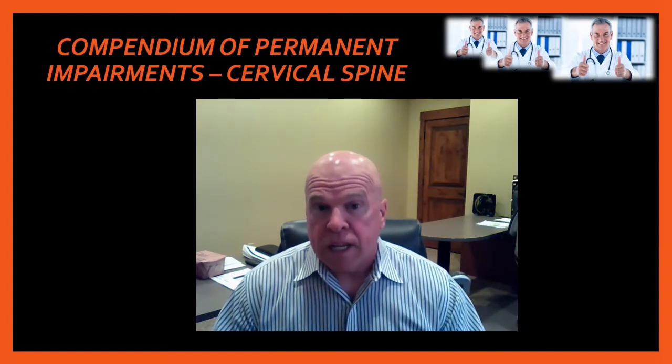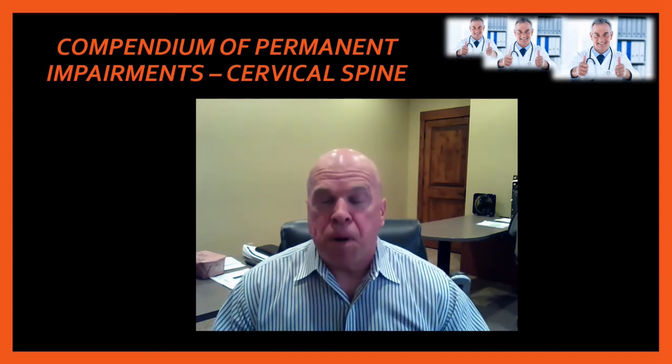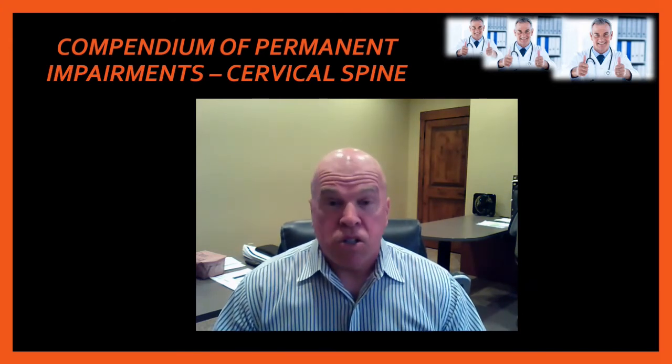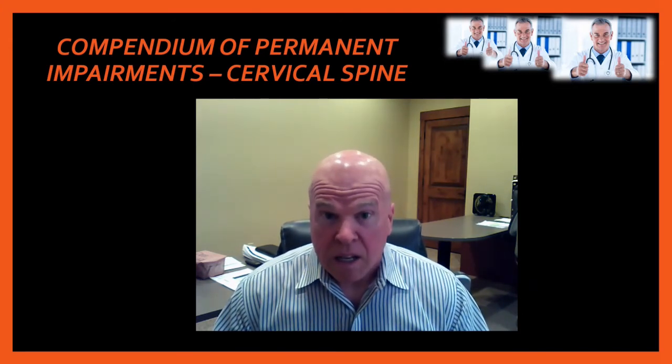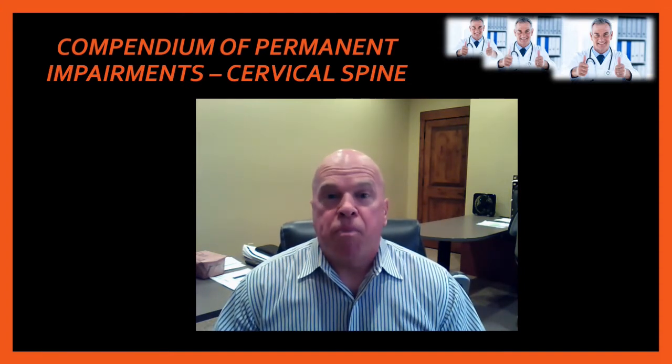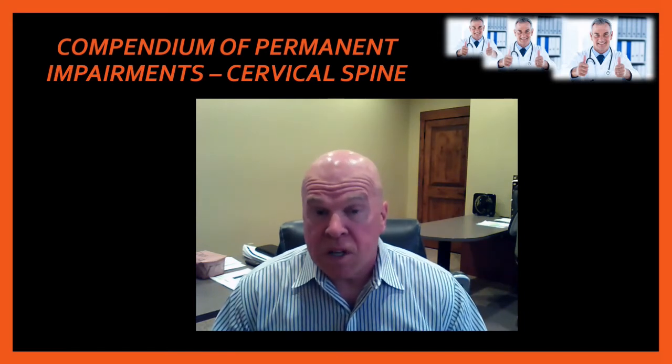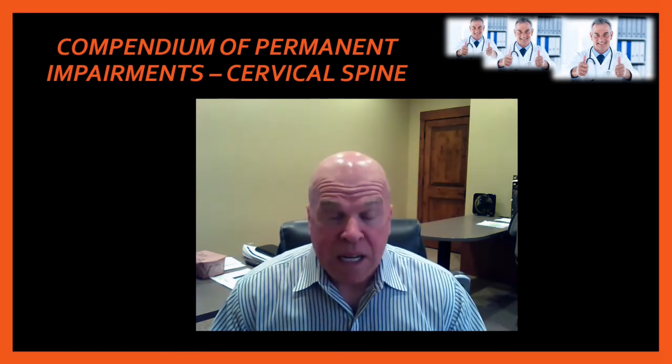And similarly, the types of permanent impairment ratings that examinees are going to qualify for are similarly not infinite. It's a very finite, small, select group of permanent impairment rating arguments that are going to apply to 99% of all your examinees.